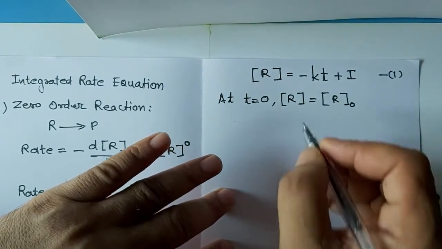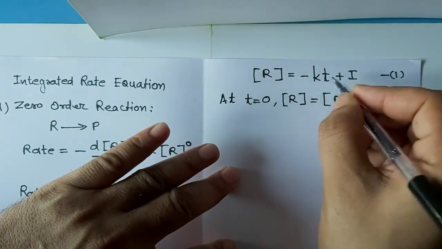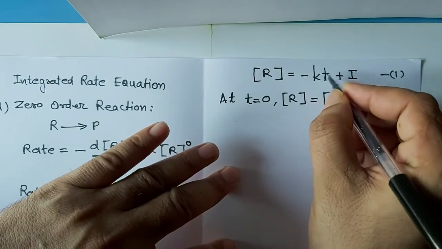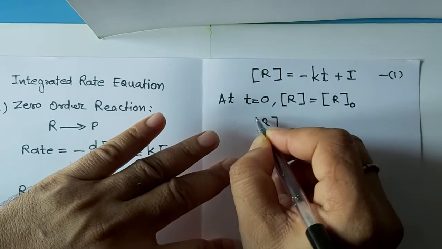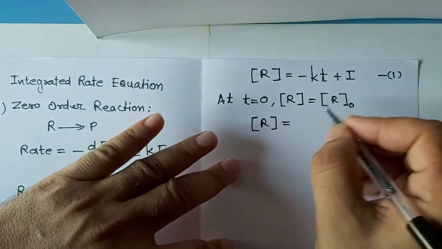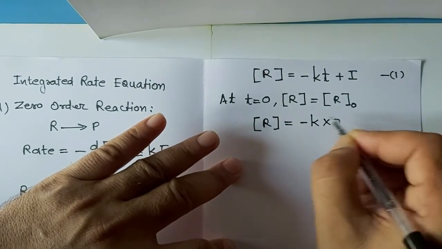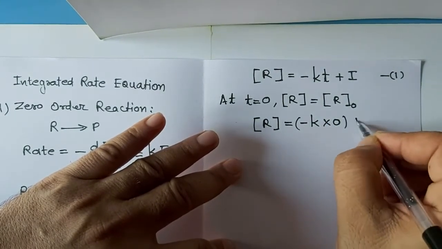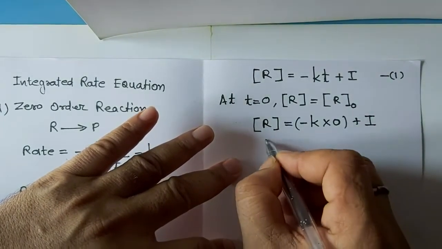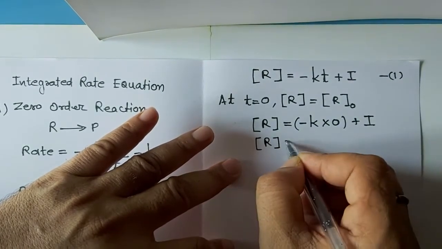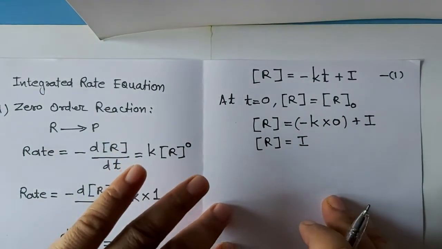So in that case we place the value of t over here, and this whole term turns out to be 0. So R is equal to minus k into 0, since t is equal to 0, plus the integration constant I. This overall turns out to be 0.